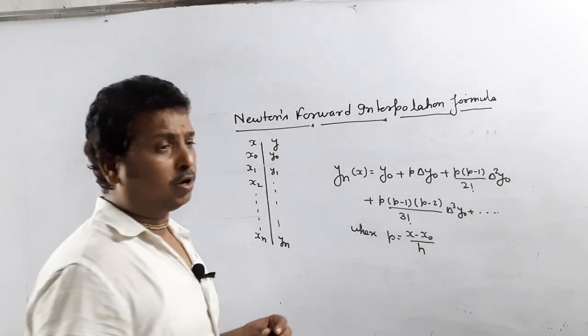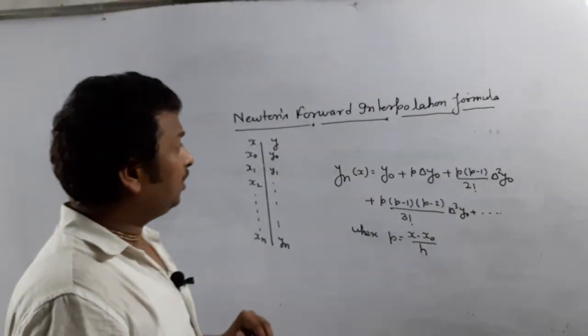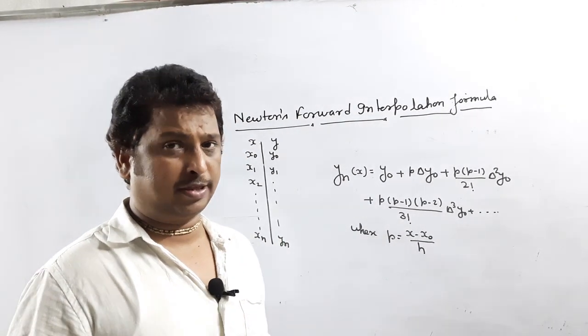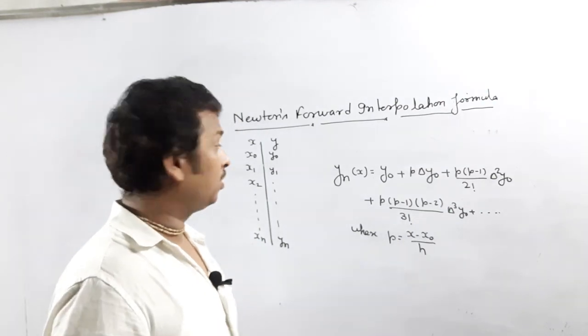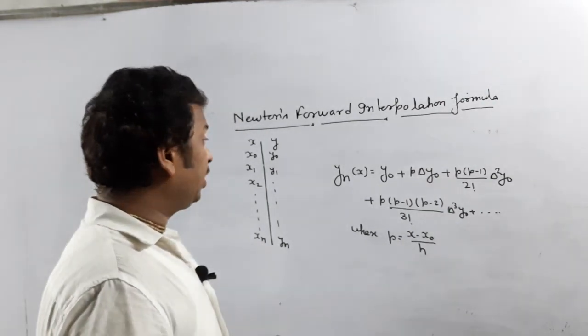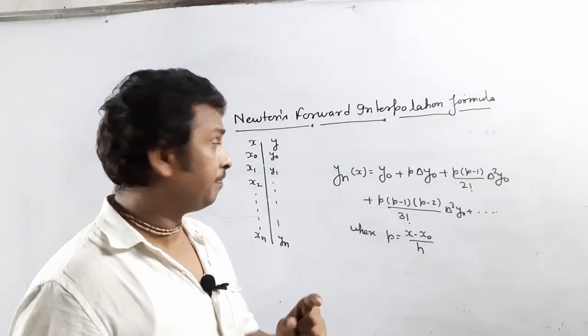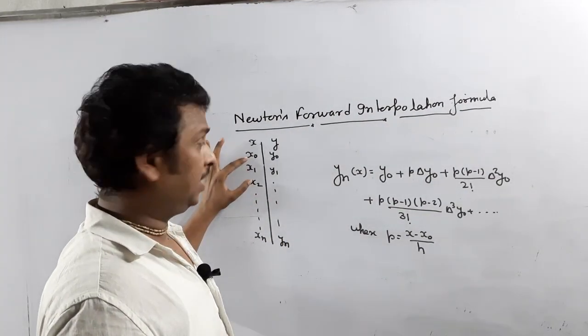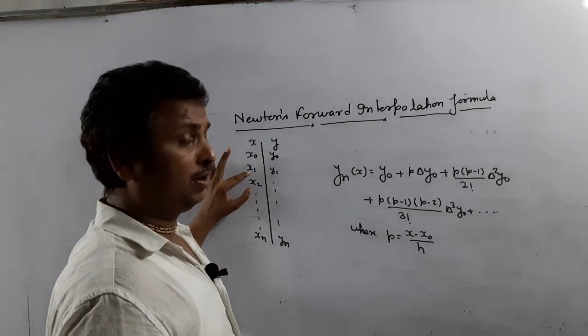Here it is very important to know that Newton's forward interpolation formula we can use for equally spaced data set values. What is equally spaced? Equally spaced means the common difference is the same. Whatever the common difference x1 minus x0 is, the same x2 minus x1 will be.